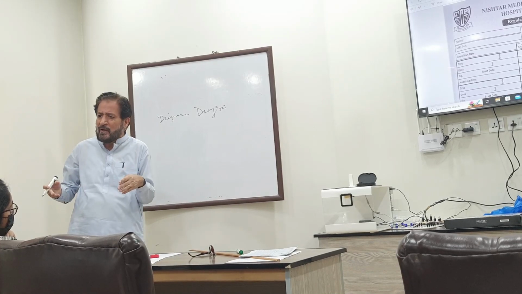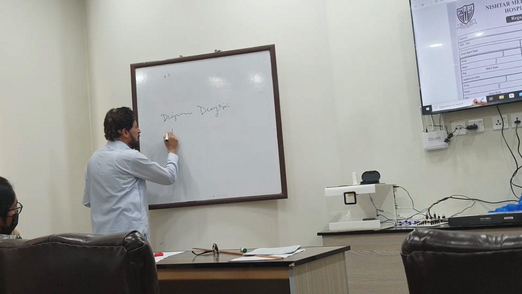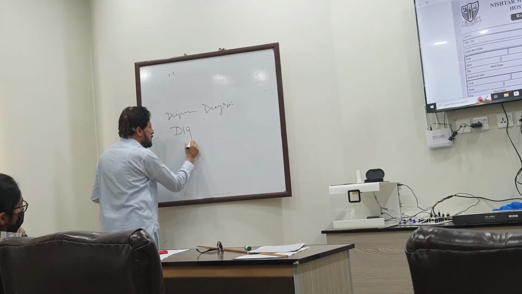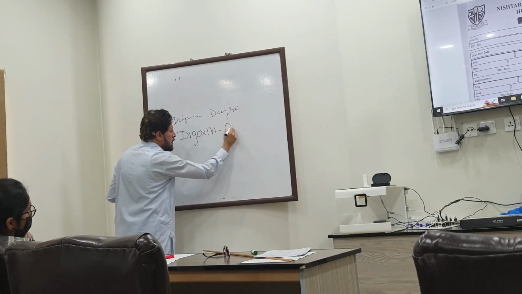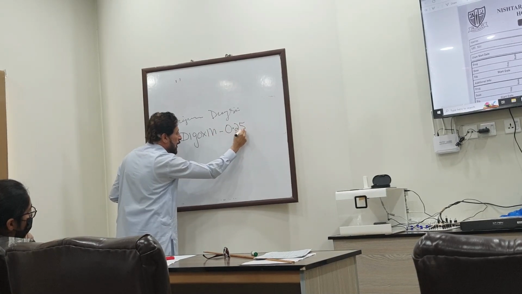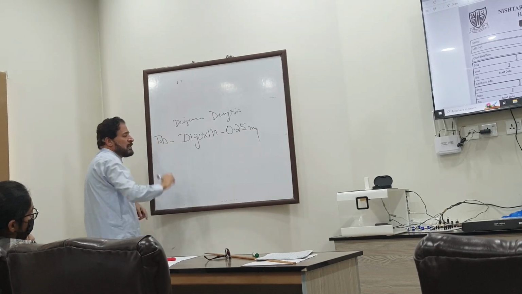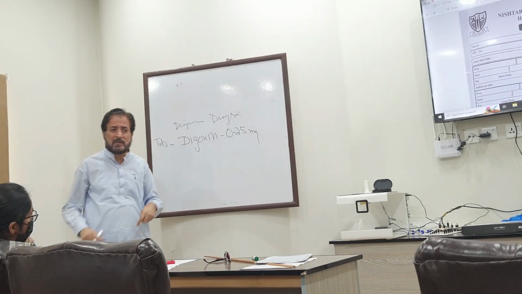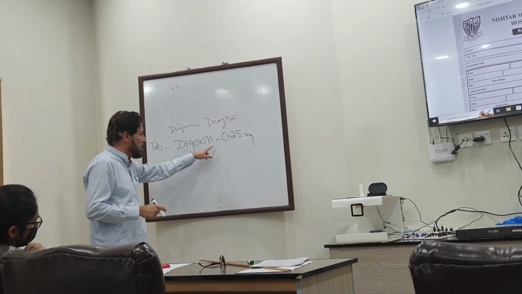If you have a problem with your handwriting, please write in blocks, right? For example, digoxin 0.25 milligram tablet. Write in blocks, right? Do something about your handwriting. You need to be very clear and precise about it.